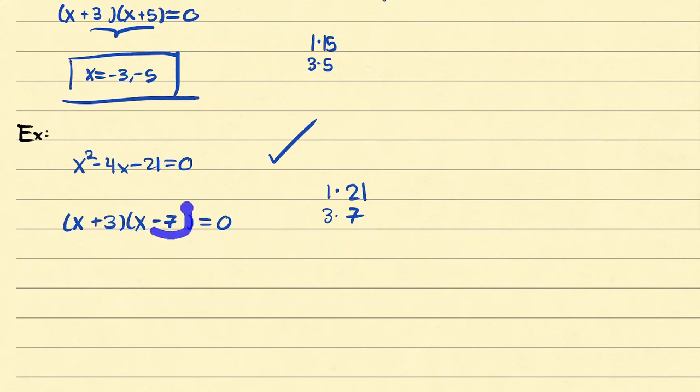So adding -7 and +3, I get -4, so that's fine. +3 times -7 is -21, and that's also fine. So our solutions are -3 and +7.